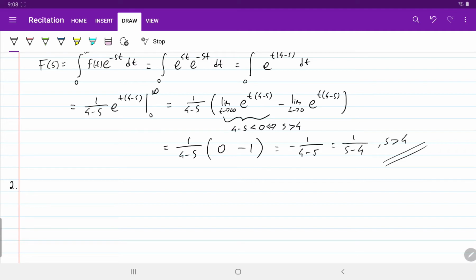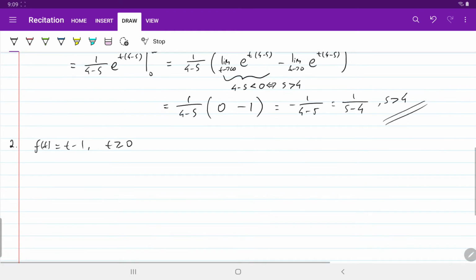Problem number 2, we have f of t equals t minus 1 for t greater than or equal to 0. We need to find the corresponding Laplace transform.